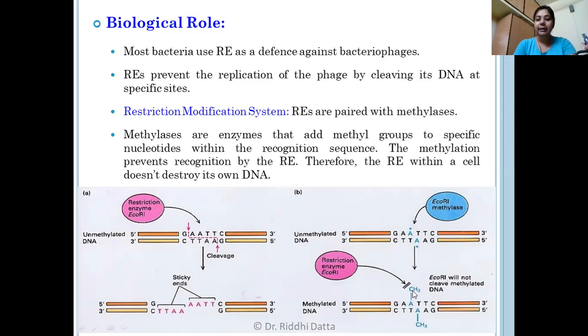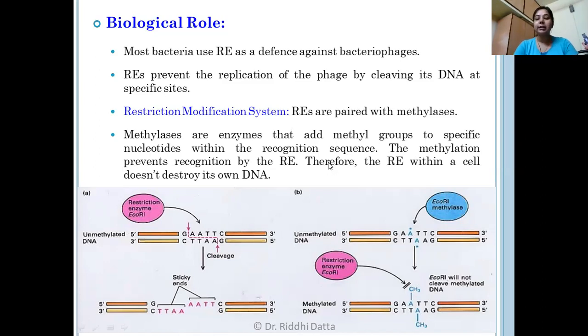And once methylated, the restriction endonuclease won't be able to digest this sequence. So E. coli uses these methylase enzymes to specifically methylate all the restriction sites in its own genome, and once methylated, the enzymes cannot cleave them. So in that way, they protect their own genome from cleavage.